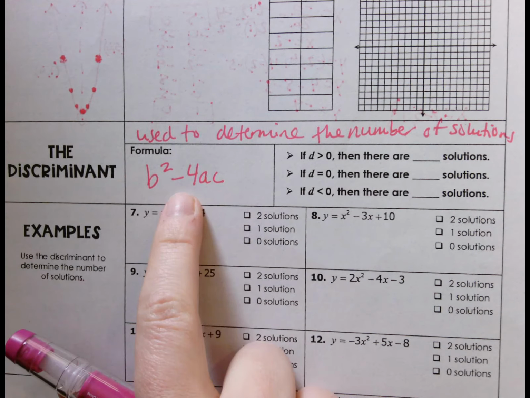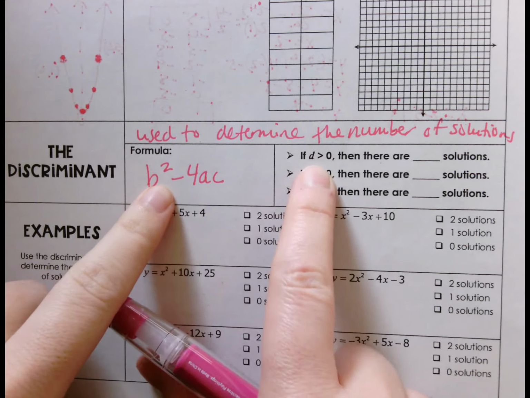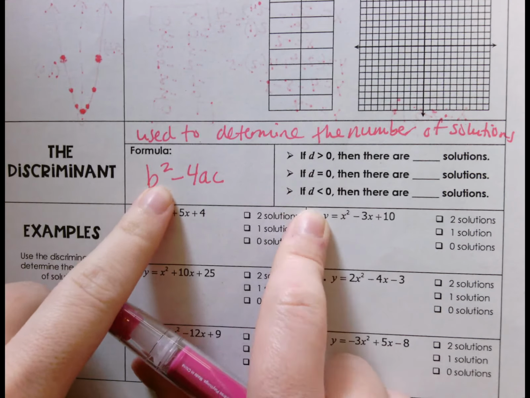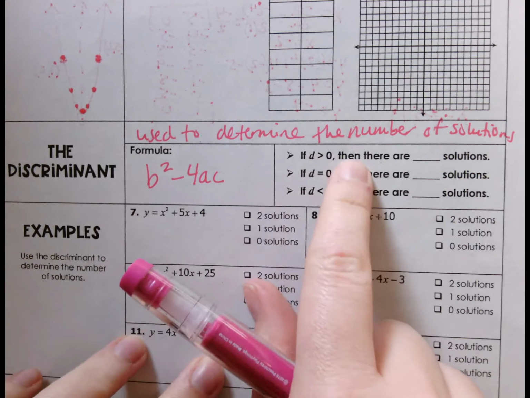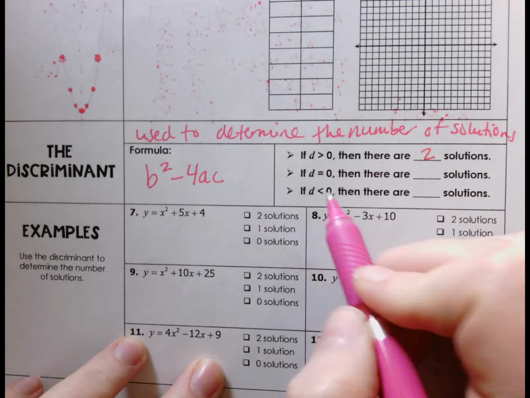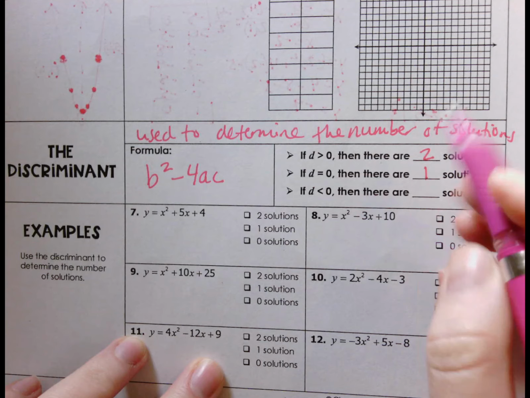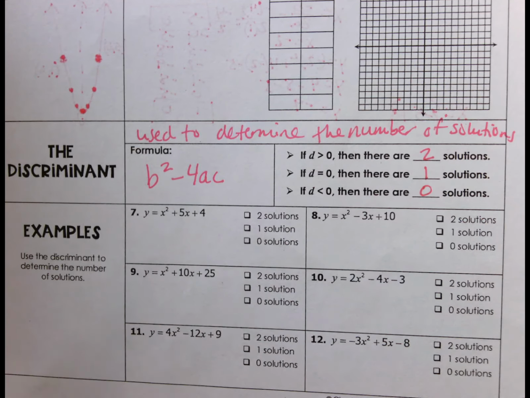So once you plug these values in, once we solve that, then we're going to look at that value of d, the discriminant, and we're going to decide if it's greater than 0, equal to 0, or less than 0. So if it's greater than 0, if it's a positive number, then there are going to be 2 solutions. If it's equal to 0, there's going to be 1 solution. And if it's less than 0, if it's a negative number, there's going to be 0 solutions.